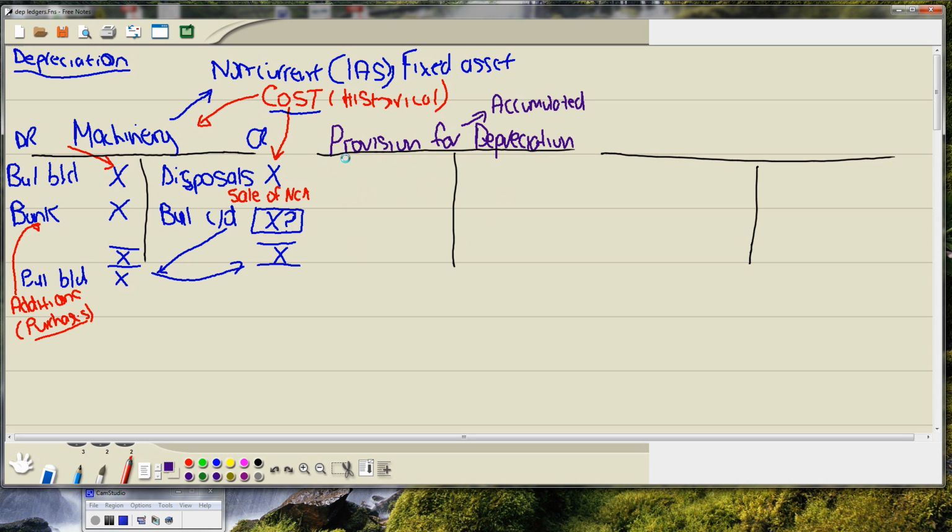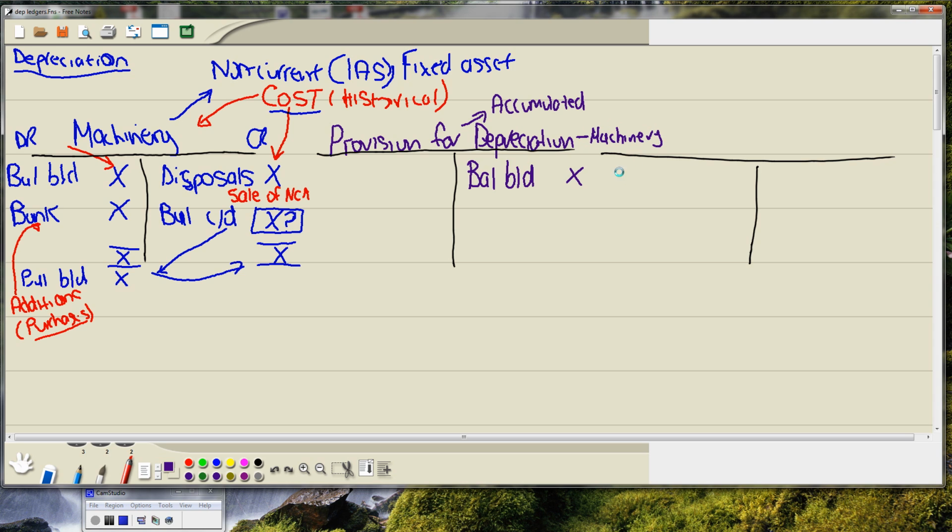So if we've got balance BD of machinery, then we have to have balance BD of machinery depreciation. Now, if this is the machinery for depreciation account, I know there's no space, but you should do a little hyphen and you should do machinery. I'll try and fit it in, and I'll move the other ledger over if I can.